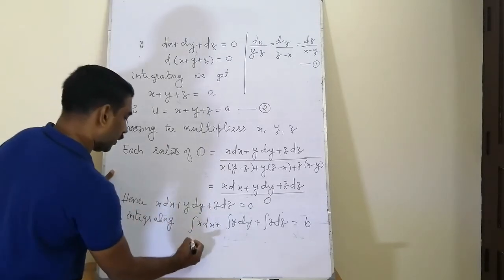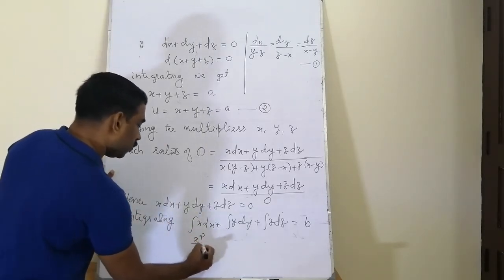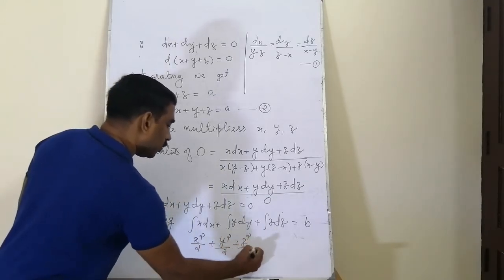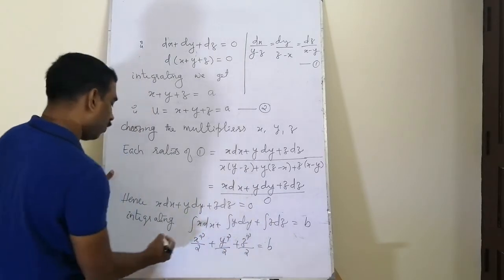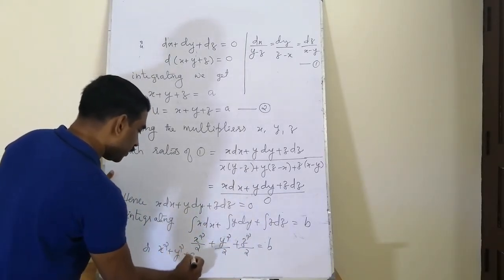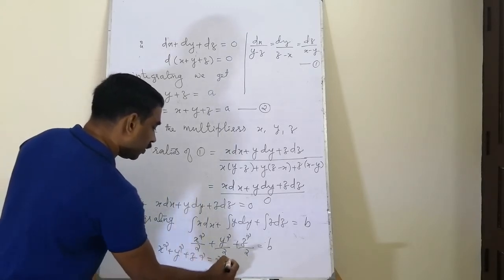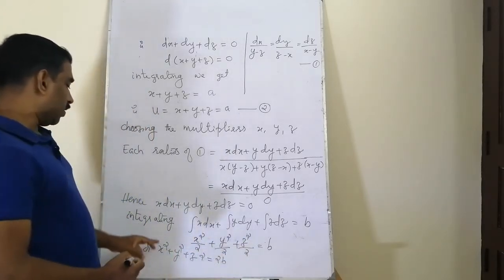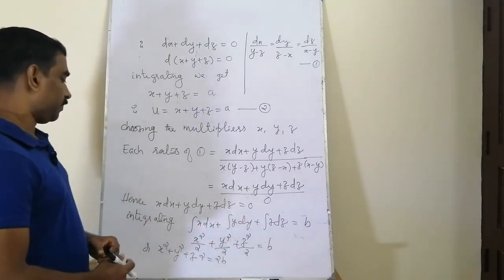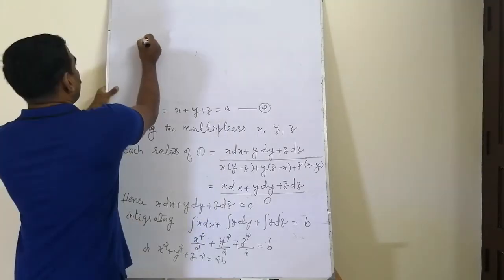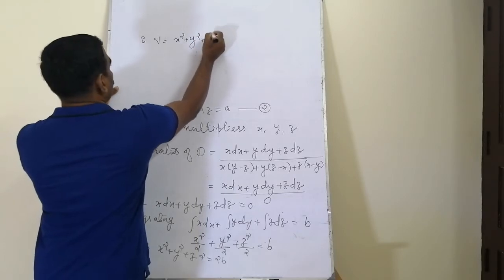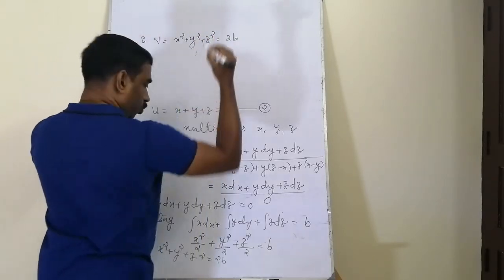This integration gives x square by 2 plus y square by 2 plus z square by 2 equal to b, or x square plus y square plus z square equal to 2b. That is, our v is equal to x square plus y square plus z square equal to a constant called 2b.